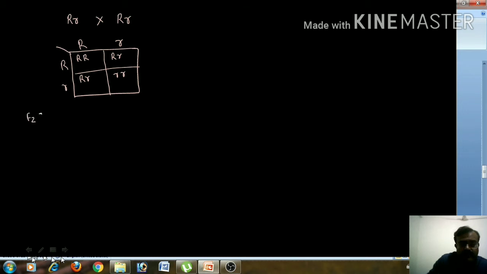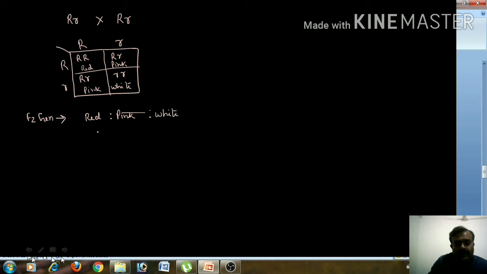So in F2 generation, what was obtained? We can see phenotype. This is red, pink, pink, and white. So red is to pink is to white.